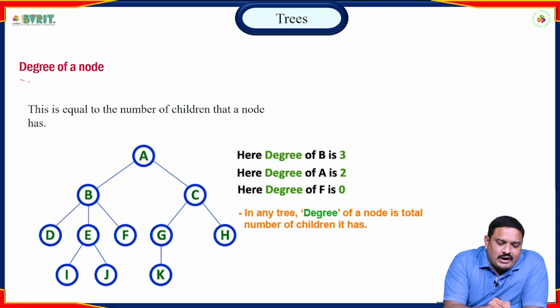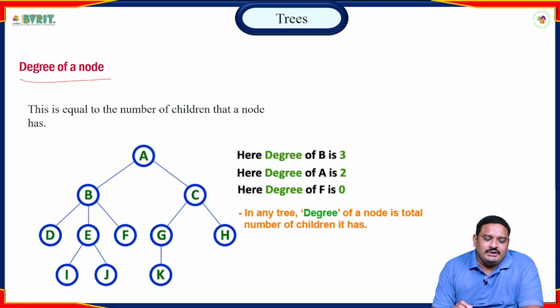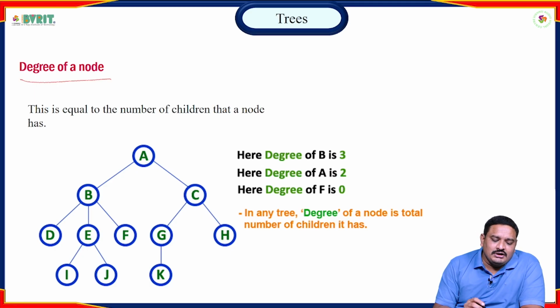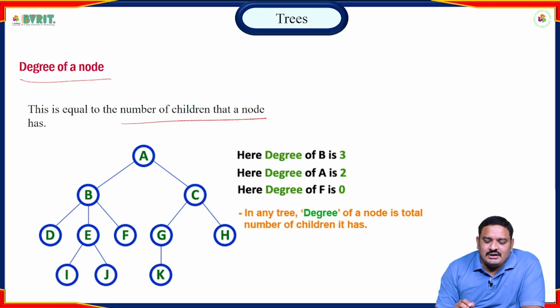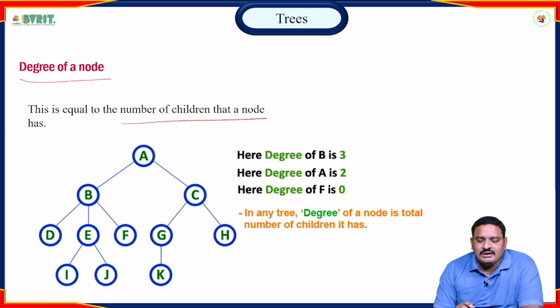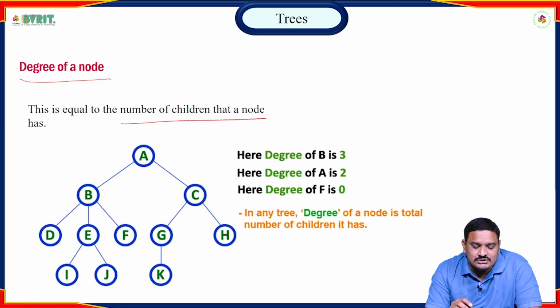Next one, what is the degree of a node? This is equal to the number of children that a node has. The number of children nodes. Suppose A has two children nodes. What are the two children nodes?